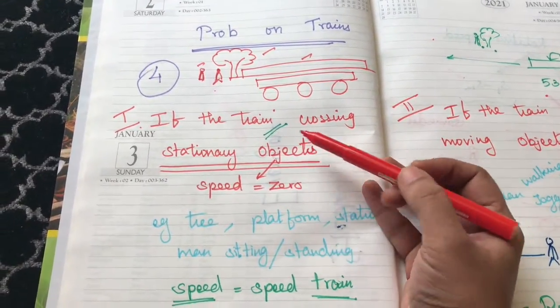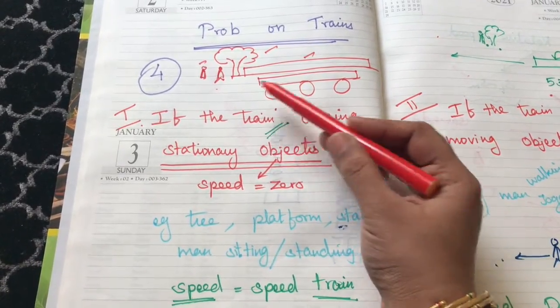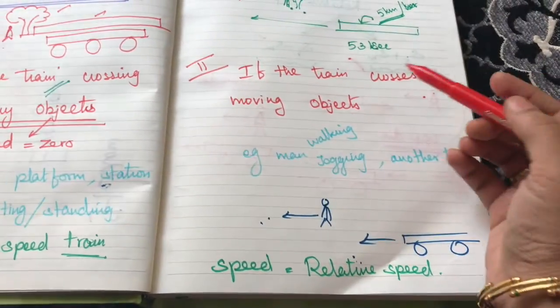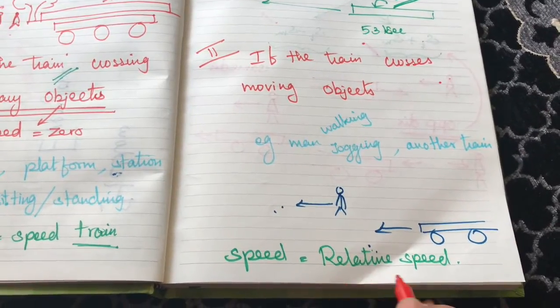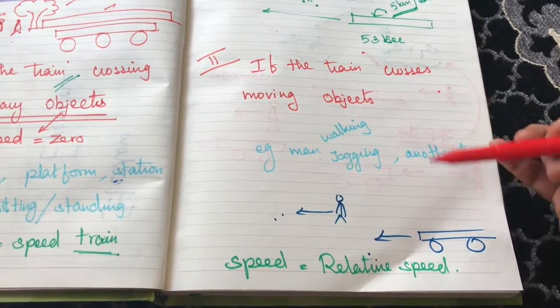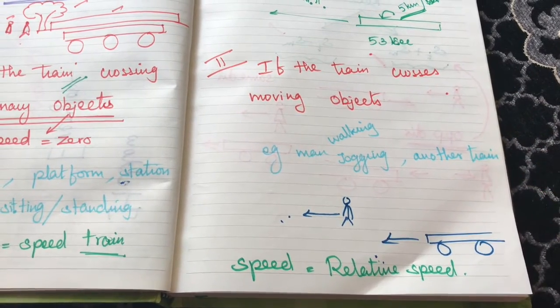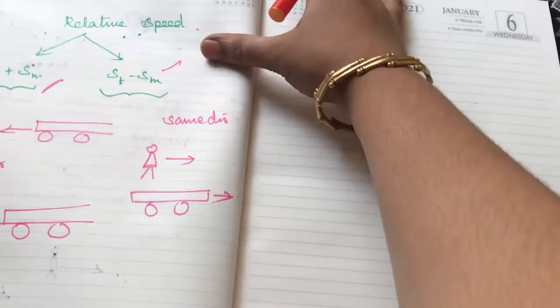If the object is stationary, we can easily take the speed equal to the speed of the train. If the object is moving, we can directly take the speed as relative speed, either adding those two speeds or subtracting those two speeds. Then what will be the third condition?